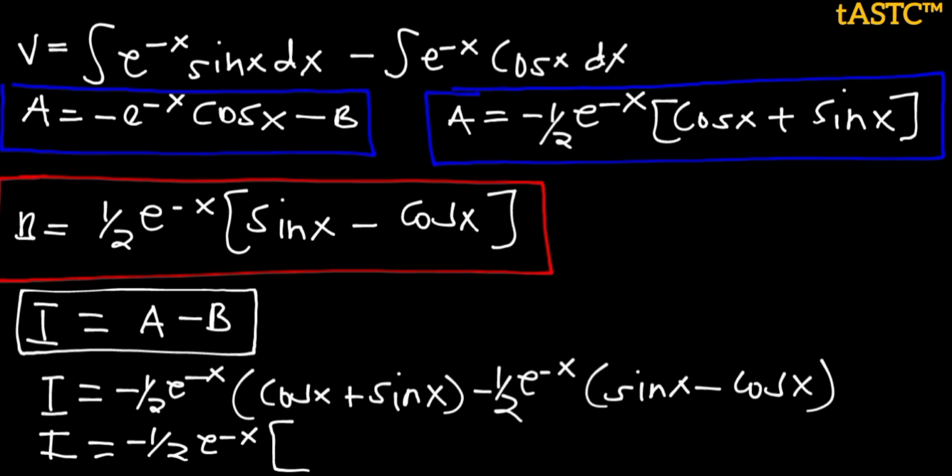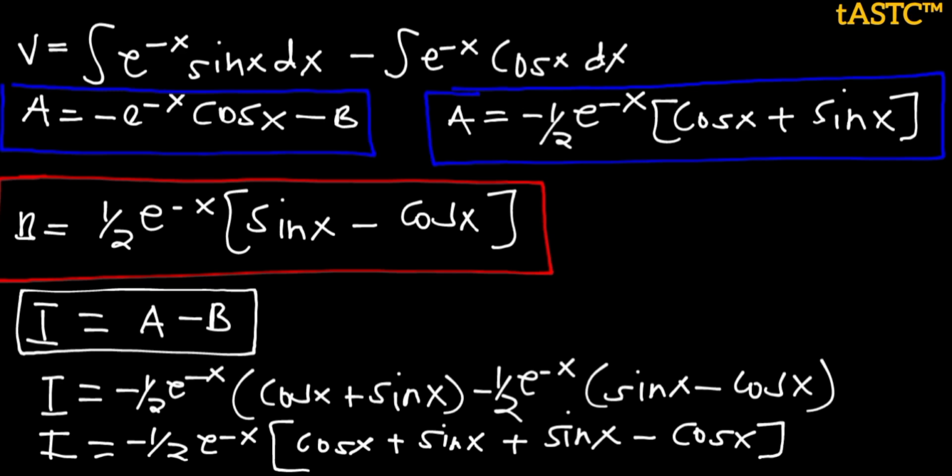So this should be a cos x plus a sine x. And here now we're going to have a plus sine x minus cos x. Now from here you can see that cos is going to cancel out. So we would have these two create a 2 sine x. So we have I is equal to minus 1 over 2 e to the minus x, and then you have a 2 sine x.